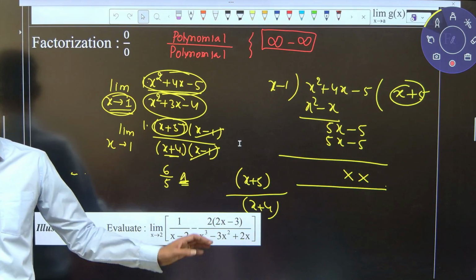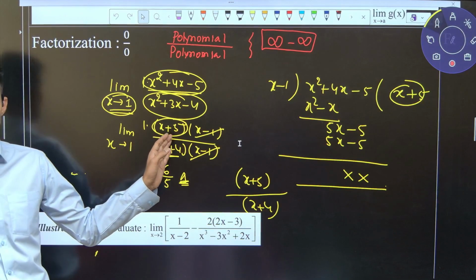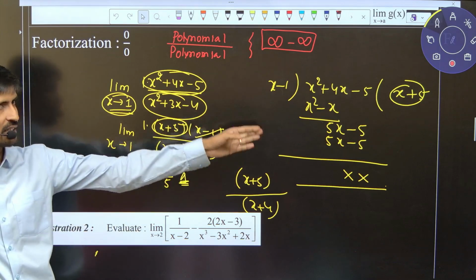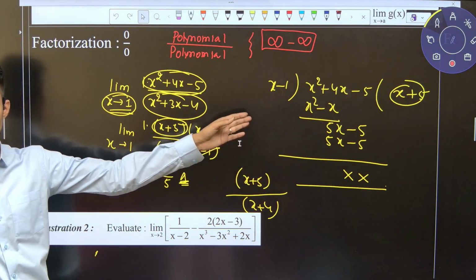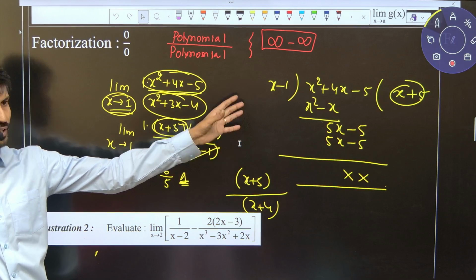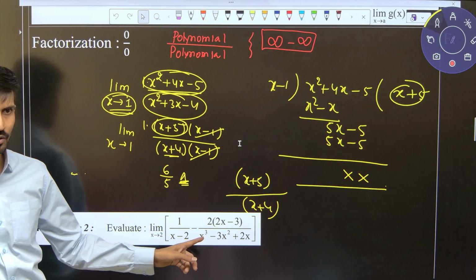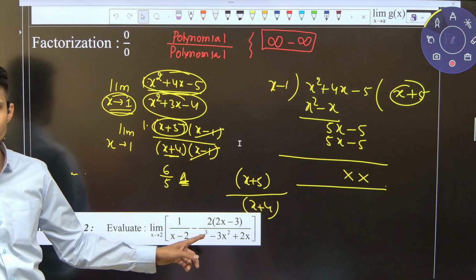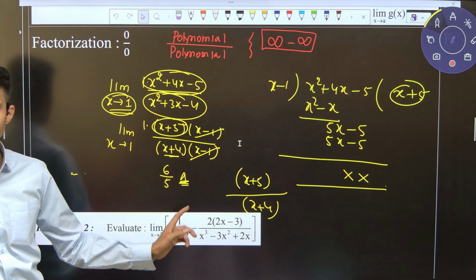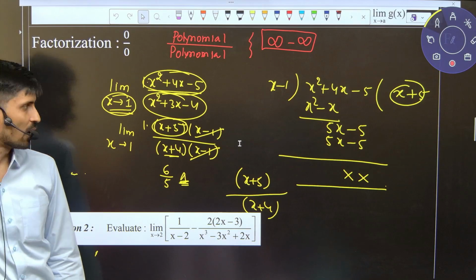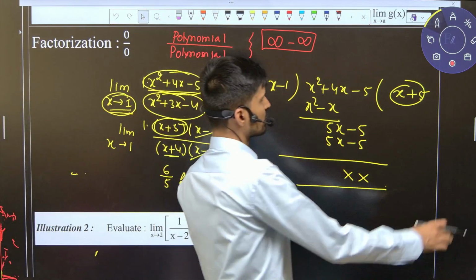How many of you are comfortable with the first technique? How many of you are comfortable with the second technique? How many of you know that division? Let me see this. If you know that division, then for a cubic equation, degree 3, maybe you will have some problem. So you go with that technique, things will be done. Okay? Then now we'll go for the next question.